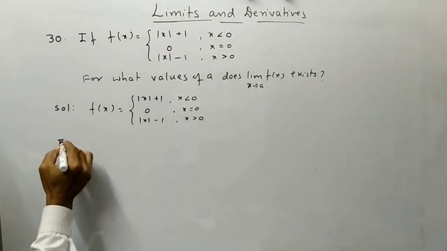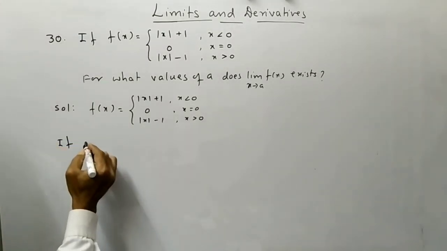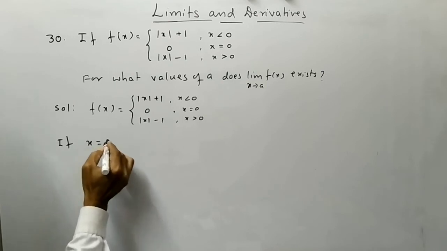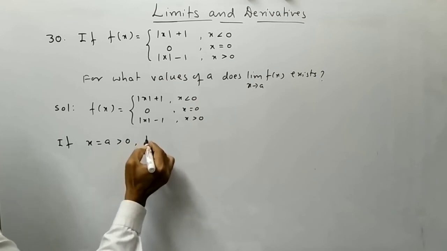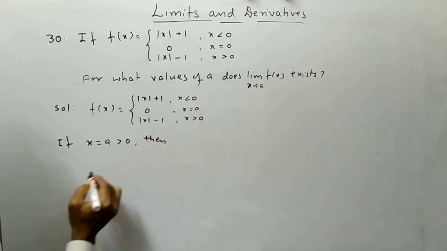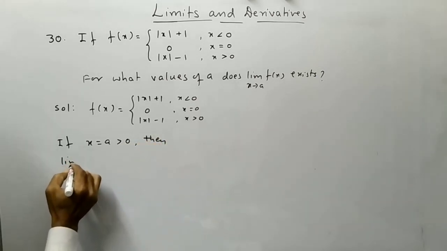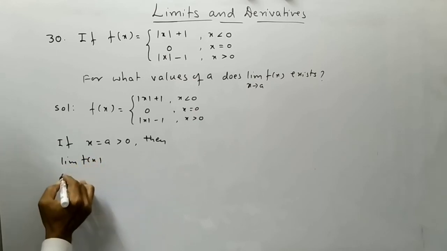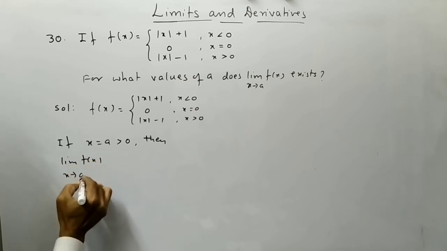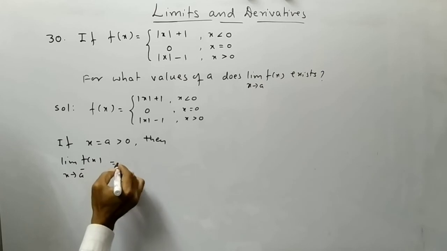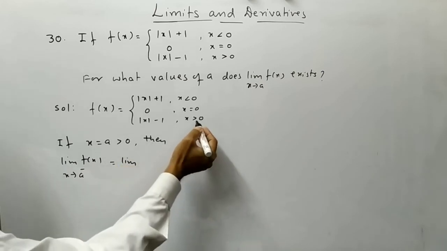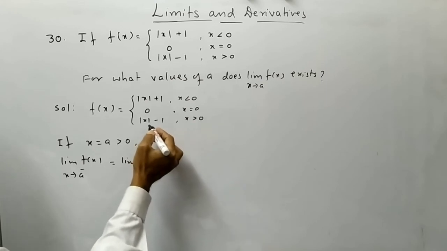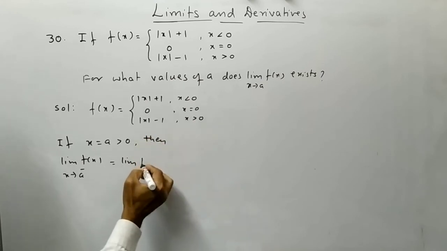If x is equal to a is greater than 0, then the limit of f of x when x tends to a from the left side is equal to the limit of, for x greater than 0, the function is modulus of x minus 1.